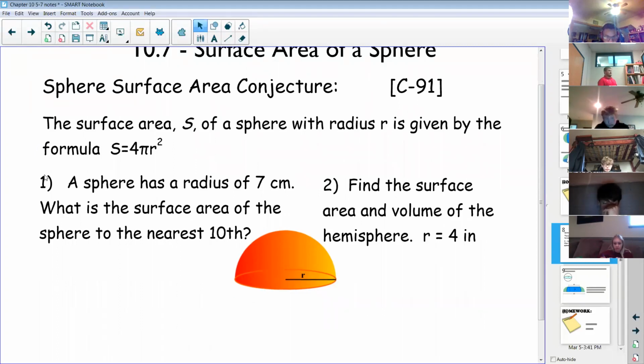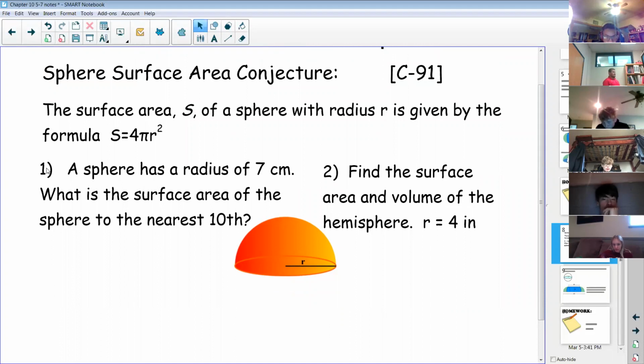Look at this. So example number 1, sphere has a radius of 7 centimeters. What's the surface area of the sphere rounded to the nearest 10? So we'll have, using our equation, just 4 pi times our radius, which is 7 squared. So then we plug that into our calculator, and we get an answer that looks like 615.8.